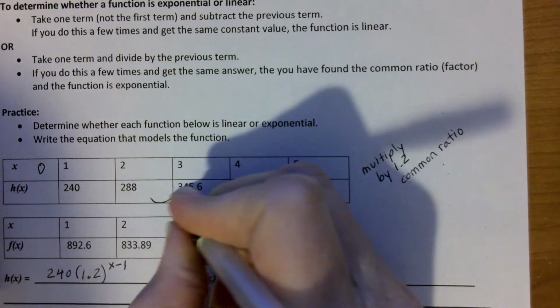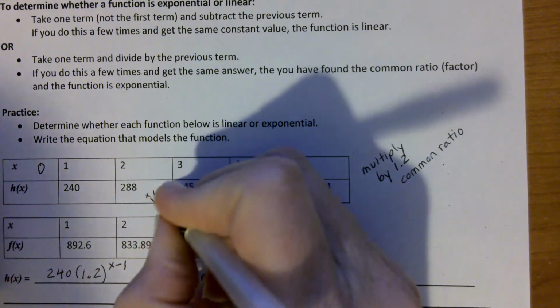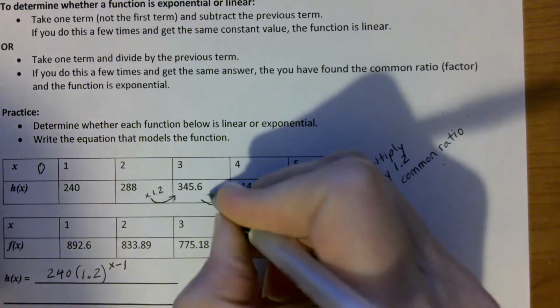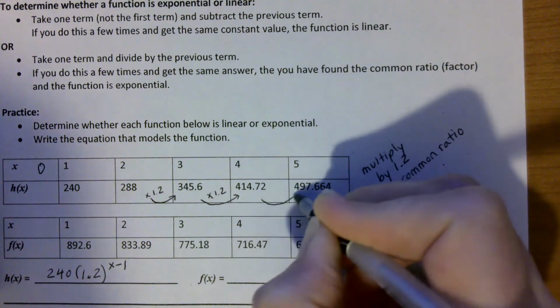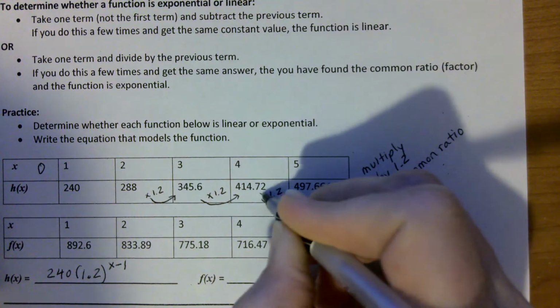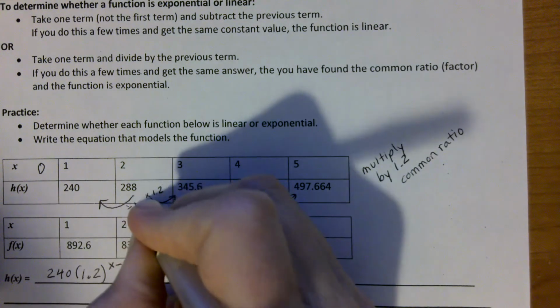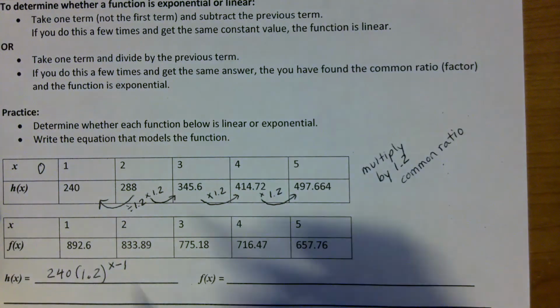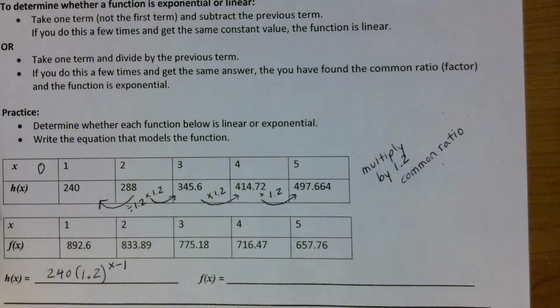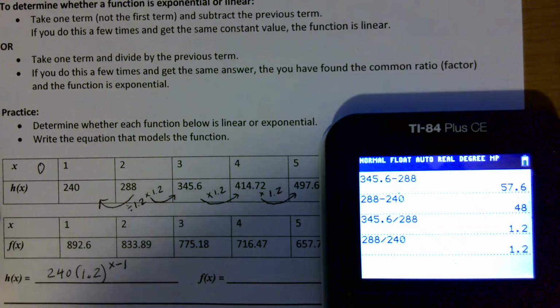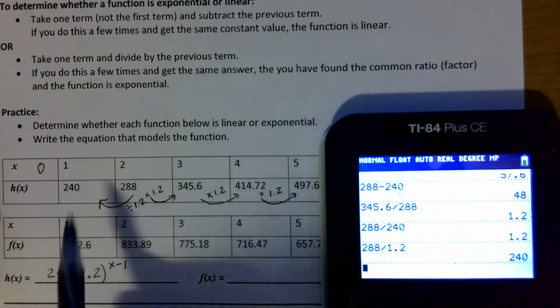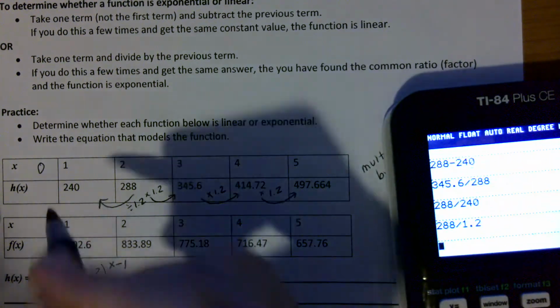Well, if I multiply by 1.2 to get to each term, to get to the next term in the sequence, then to go backwards, I would divide by 1.2. Remember, 288, well, let's see how that works out. 288 divided by 1.2 does give me 240. So let's try that again.